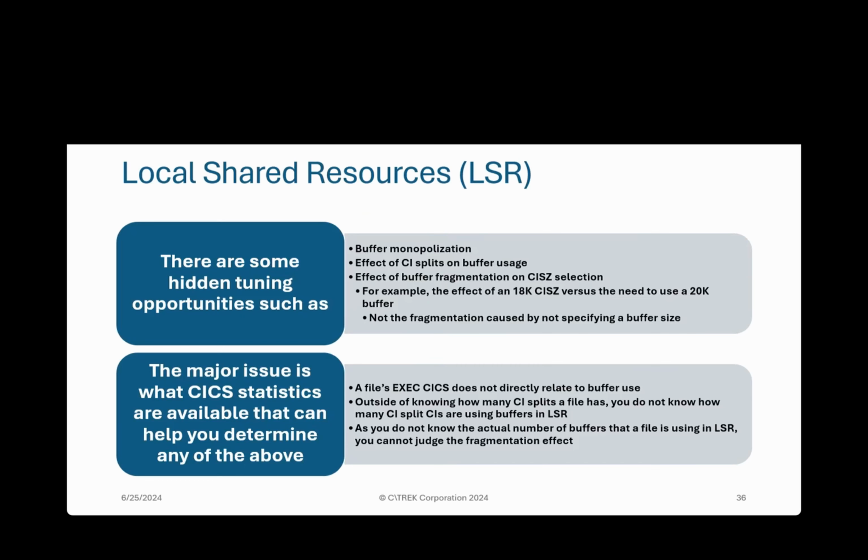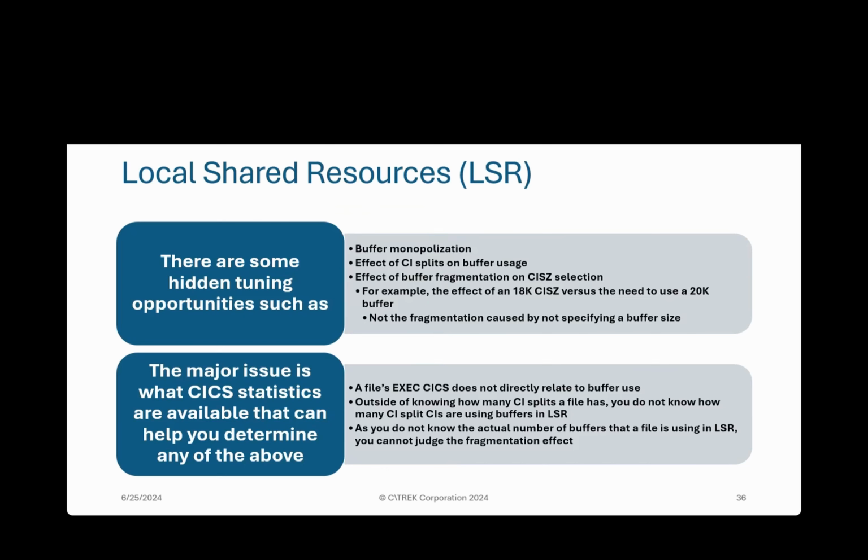You should fix that. What I'm talking about is you have an 18K CI size and you're using a 20K buffer. Because remember that it's in 4K increments after 2K. So what's happening is you have a 2K fragmentation.